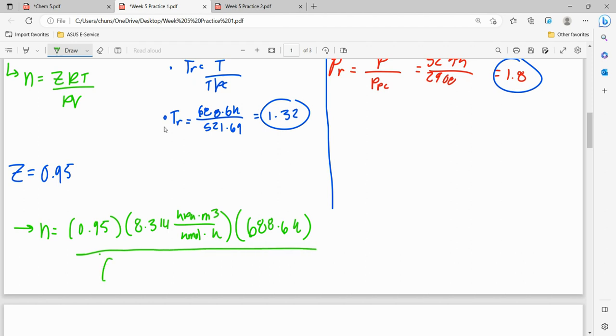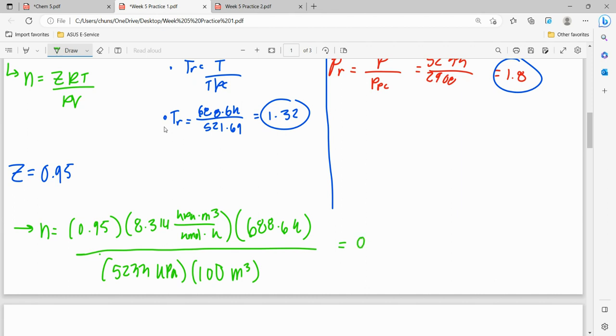This pressure was given by 5233 kilopascals and 100 meters cubed. And this gives us, so 0.95 times 8.314 times 688.6 divided by 100 times 5233.